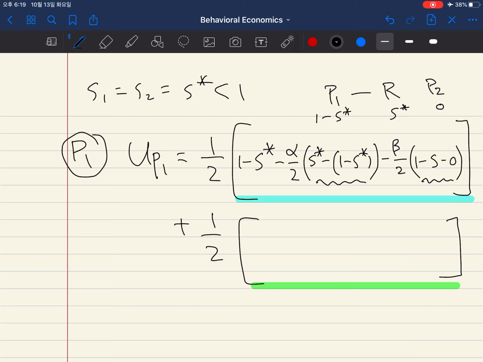And in this green expression, we're gonna calculate first proposal's payoff when second proposal's offer is accepted. So in that case, responder is gonna share resource with second proposal. So responder is gonna get S star, and second proposal is gonna get 1 minus S star, and first proposal gets nothing.